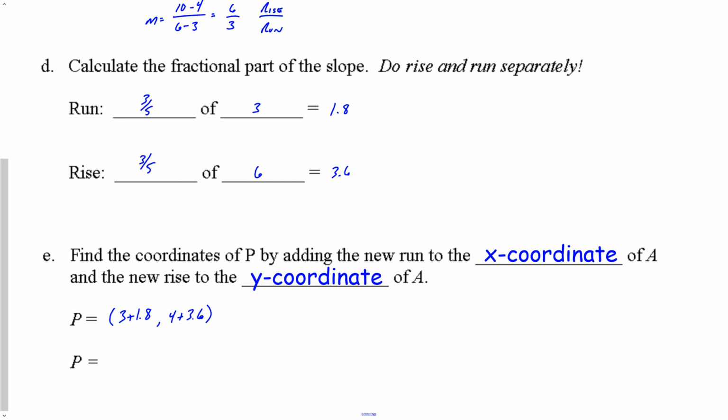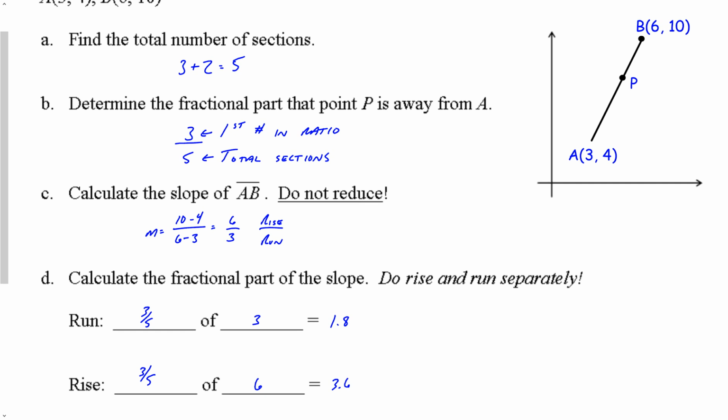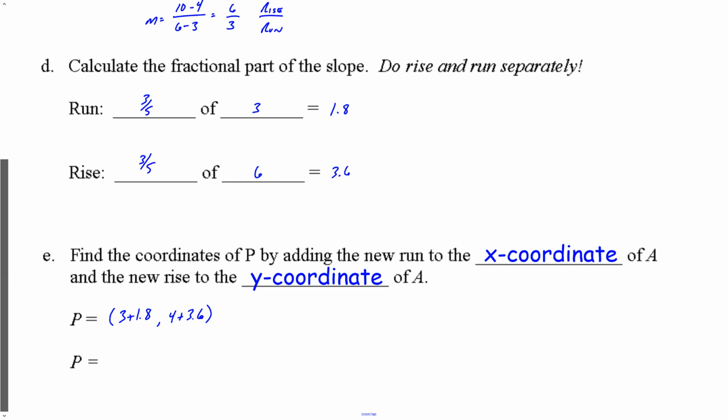Now I know we're adding those because if we look at our diagram up here, to go from A to P, we have to move up and right. So those need to result in larger values for the x and the y. So we would need to use addition for this. So now we're going to write this the correct way. Point P would have the coordinates 4.8, 7.6.